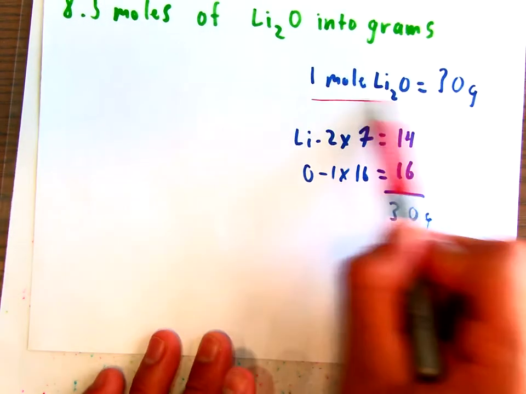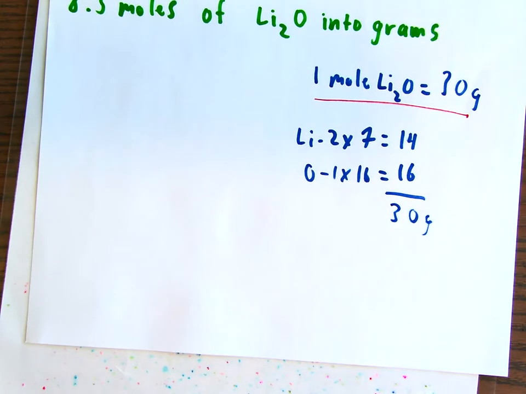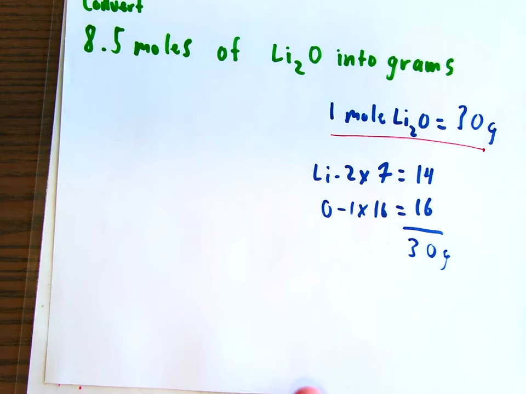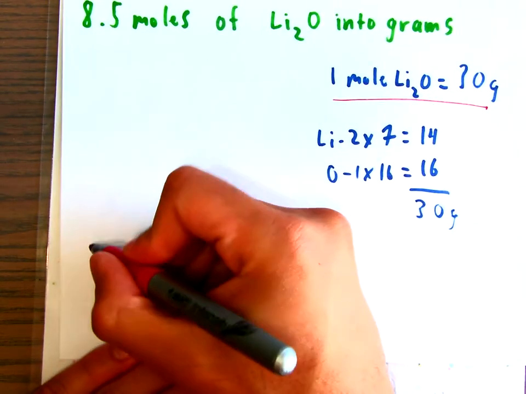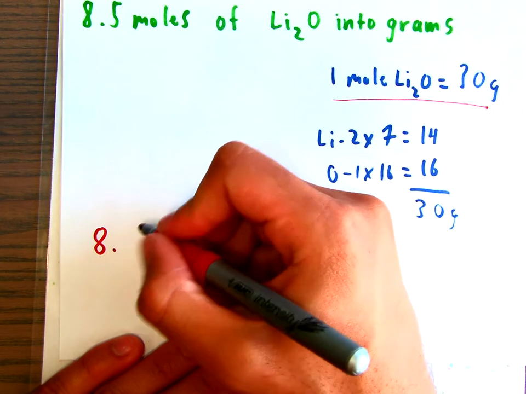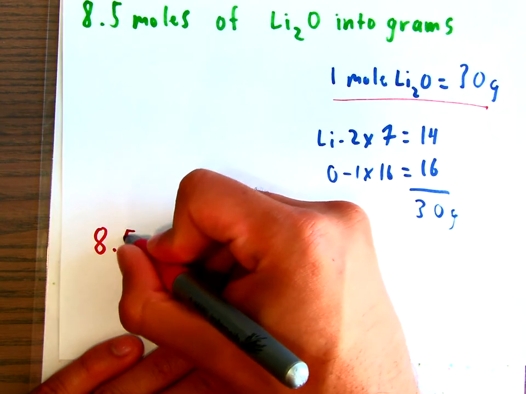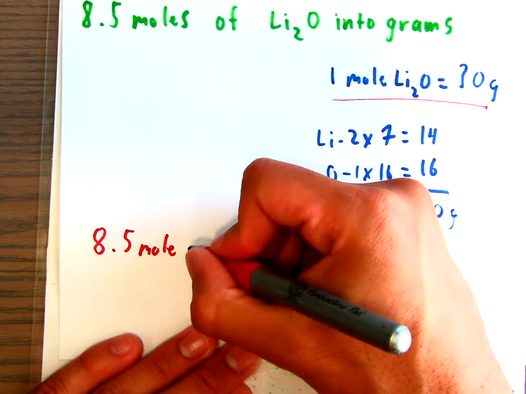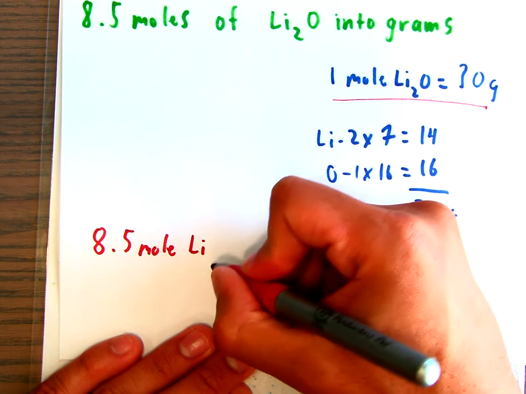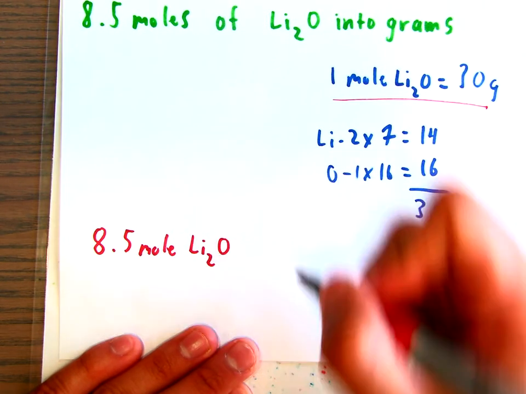All right, so now that I have my equivalent, I can go ahead and do my problem the same way I've always done conversions. So I start by writing down whatever I'm starting with. So in this case, I have 8.5 moles of Li2O, or lithium oxide, okay?